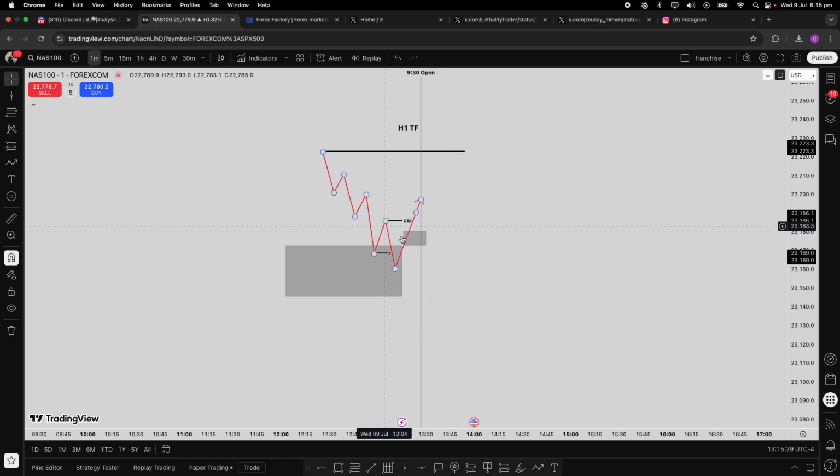But in order for us to come to here and back to here, we have to retrace back into here. And what if we start moving slowly down? And what if we start having things like this? You would have wasted a trading session.